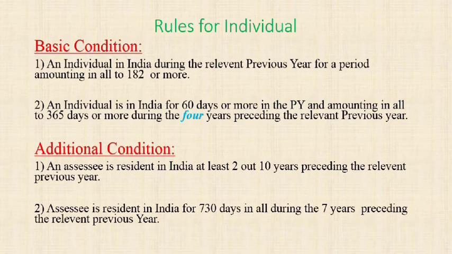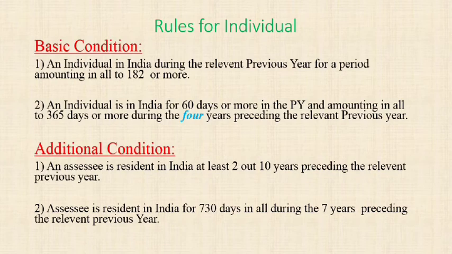If he or she has satisfied this, then he has satisfied the first additional condition. Then see the second additional condition. An assessee has stayed in India for 730 days in all during the 7 years preceding the relevant previous year.